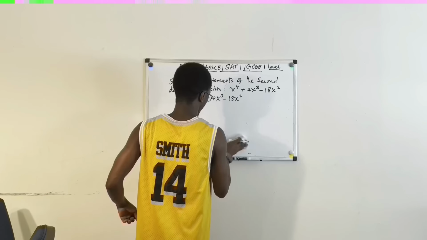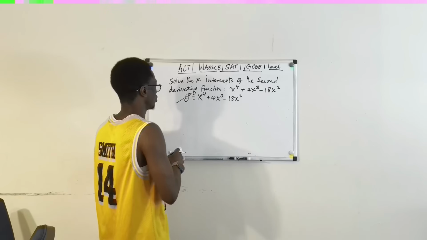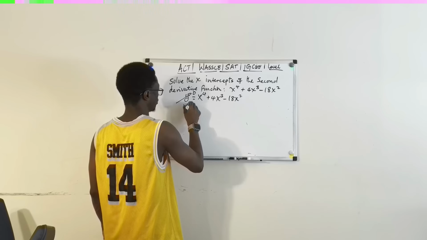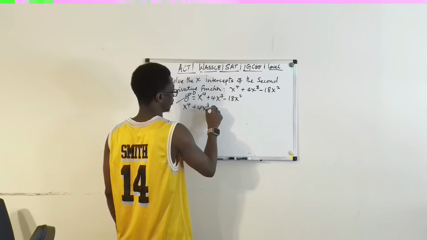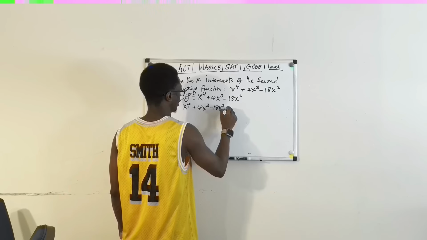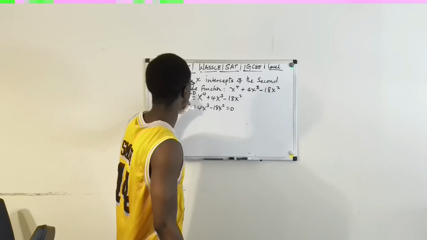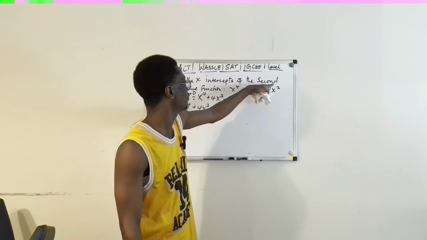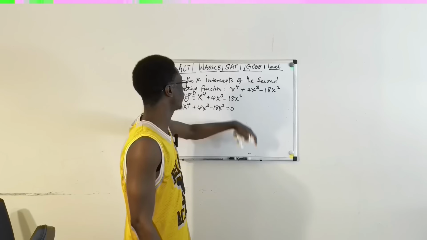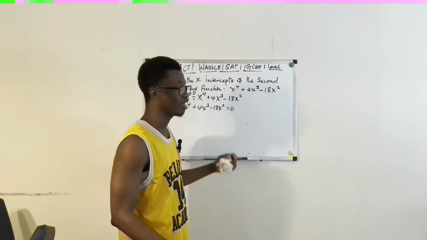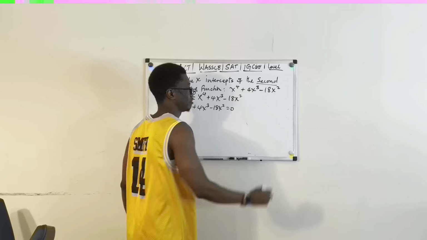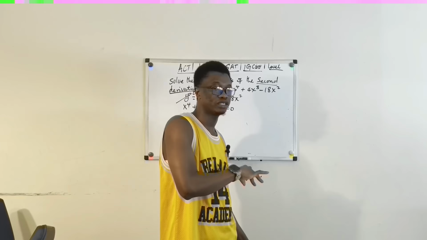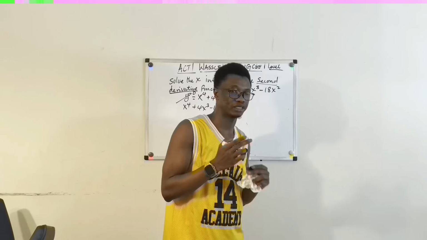So now that you know this has to be 0, let's write it in that form: x raised to the power 4 plus 4x cubed minus 18x squared equals 0. But remember, it says solve the x-intercept of the second derivative function. We have to find the second derivative here, meaning you differentiate this function twice.